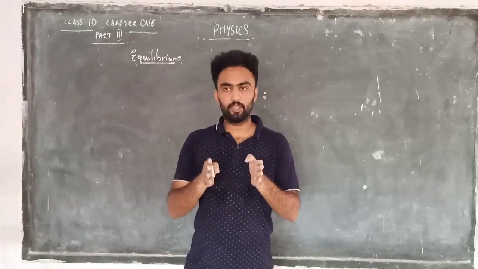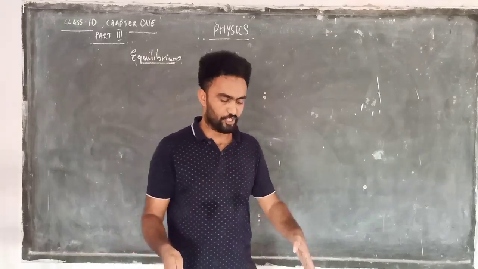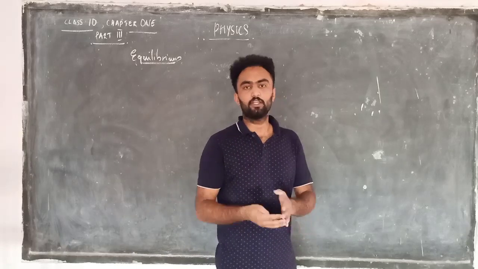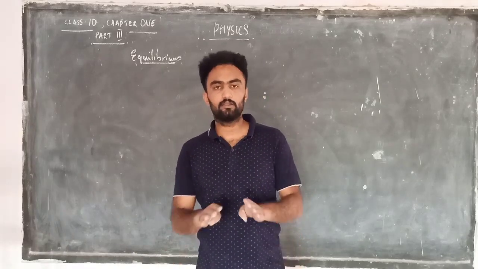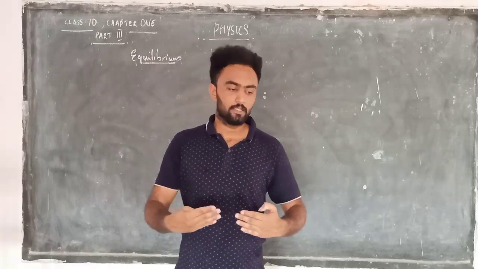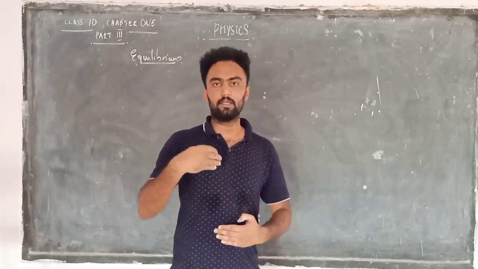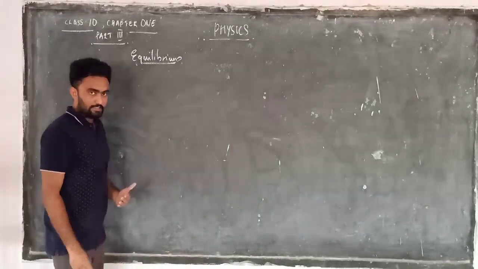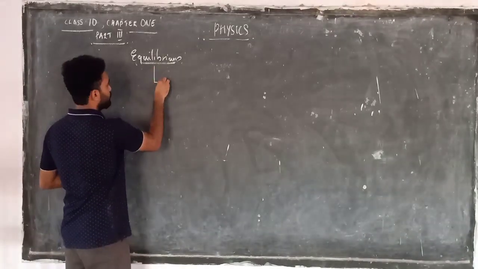Clear? Let's consider a table is placed here. There are forces, weight is there, normal reaction is there. Even though the body is in a state of rest, there is no change in its position. So we can call that table an equilibrium body, isn't it? So that's the concept.